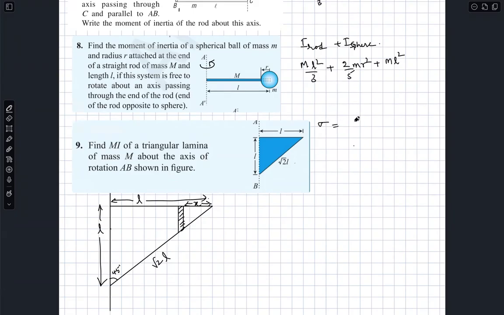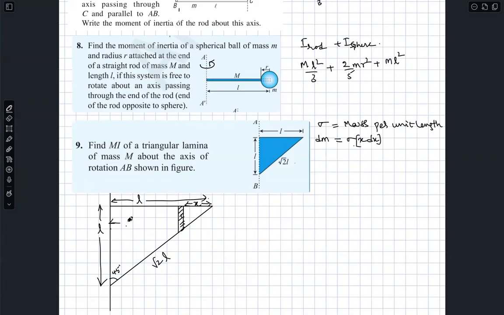I'm defining sigma as mass per unit length. This shaded part will have mass sigma times x times dx. Sigma x dx is the mass.